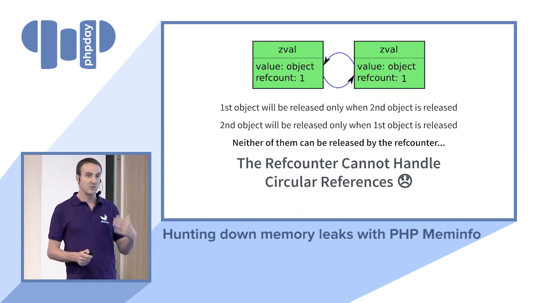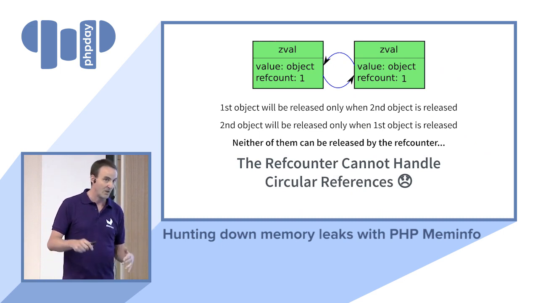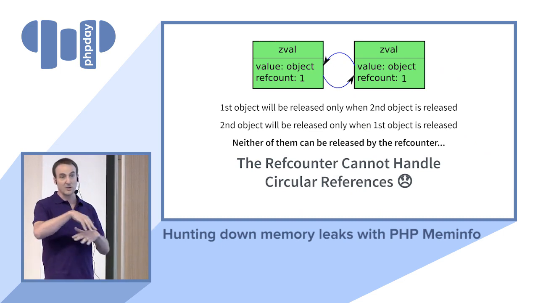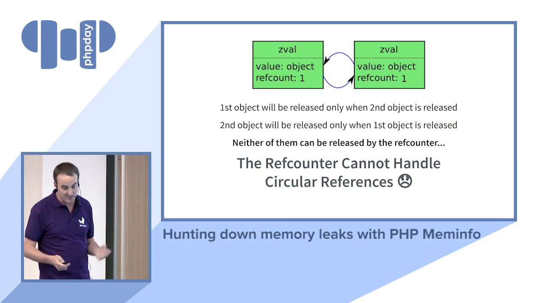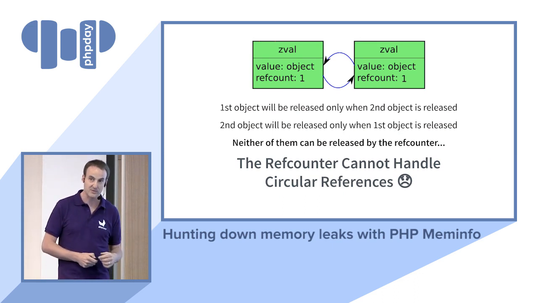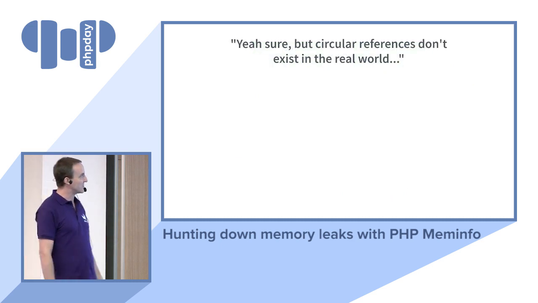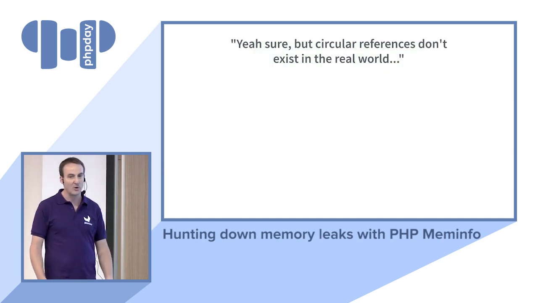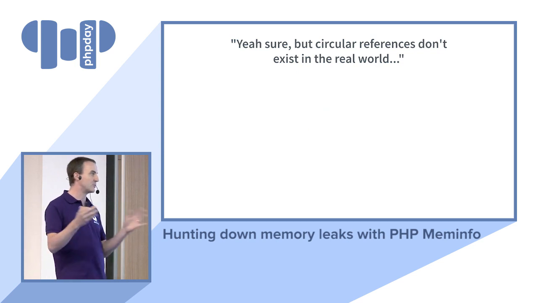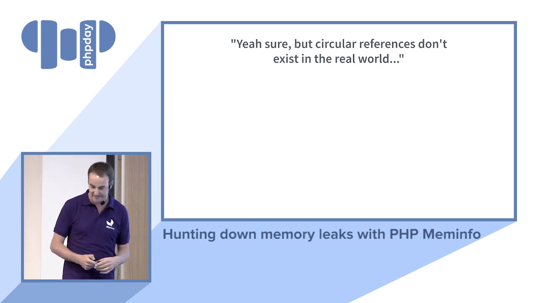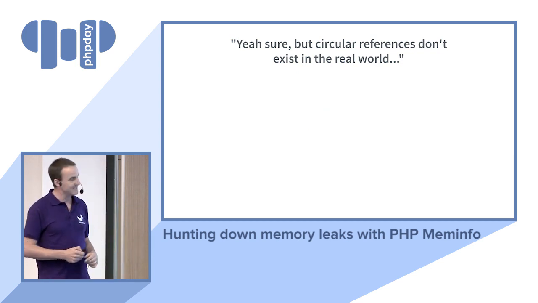And that's what we call a circular reference, because there's a circle of references between objects. And the ref counter cannot handle circular references. You may say to me, yeah, sure, but circular references don't exist in the real world. It's a purely theoretical structure. Nobody is using that. It's not exactly the truth.